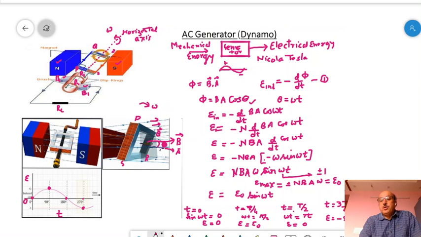As time comes to the complete cycle, again sine 2 pi will be 0, that is omega t is equal to 2 pi.